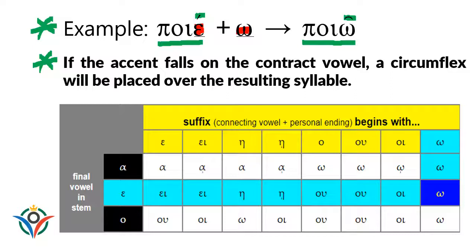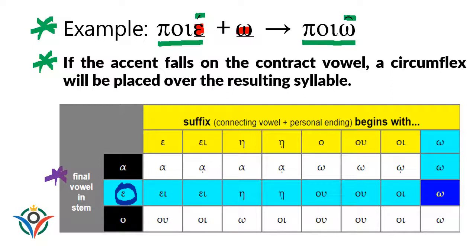So how would we use the chart of contractions to understand what contraction has taken place? If you have a look here, on the left-hand side, it says that we have the final vowel in the stem, called the contract vowel, which can only ever be the alpha, the epsilon, or the omicron. So because we've got the epsilon, I'm going to circle it. At the top here, we have the suffix, the connecting vowel plus the personal ending, or we can just think of it as the vowel of the verb ending, which is the omega.